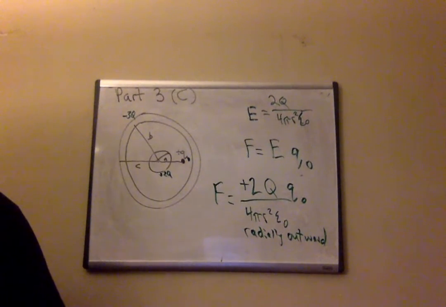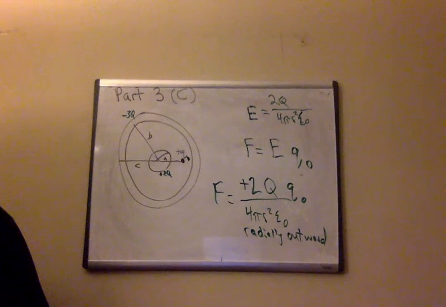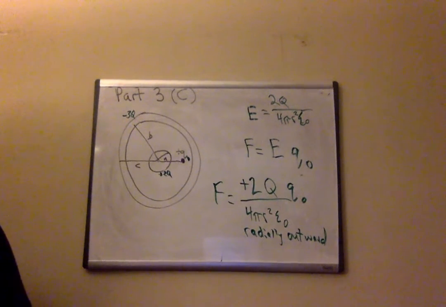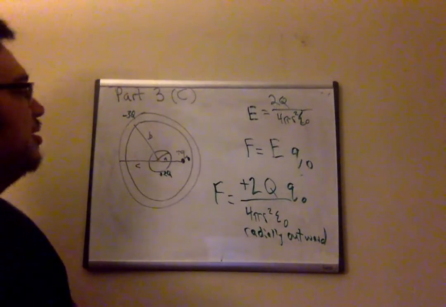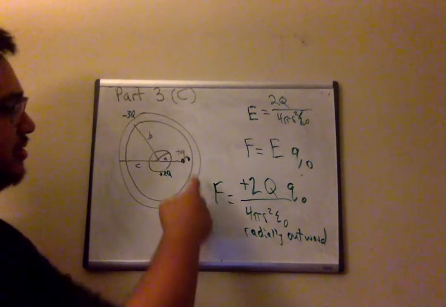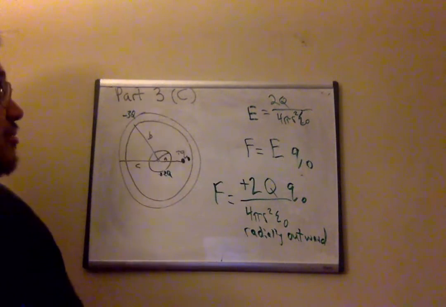Now, it says, based on your result, does the conducting shell have any influence on the force exerted? There are a couple of ways you can do this. One, if you remember, the forces from the ring would end up canceling out.